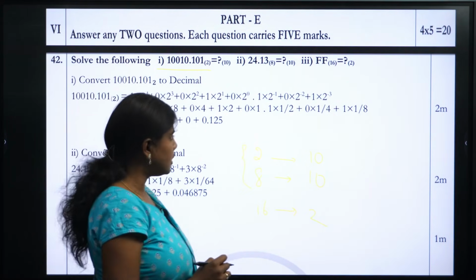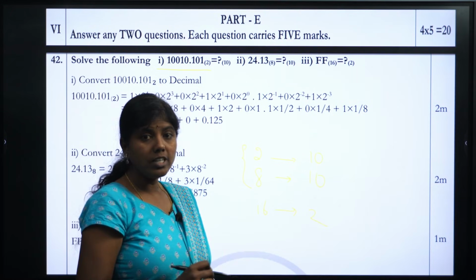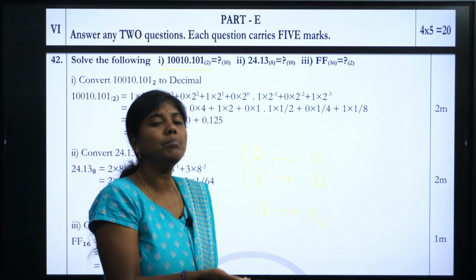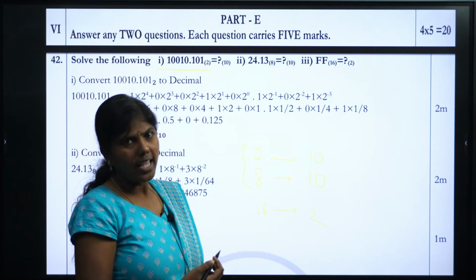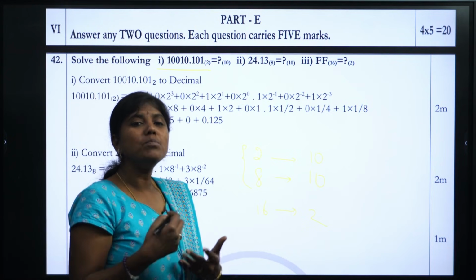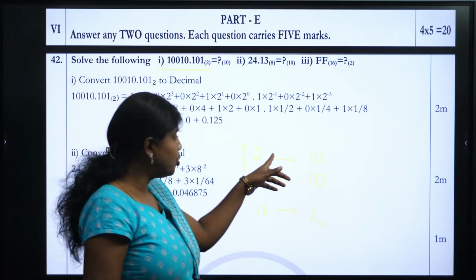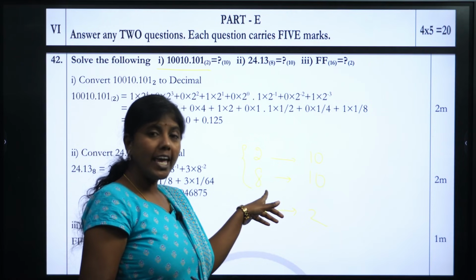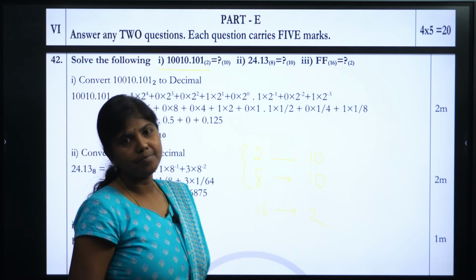Whenever you are converting any number system back to decimal, you just multiply in powers of 2, or powers of 8, and then add it.